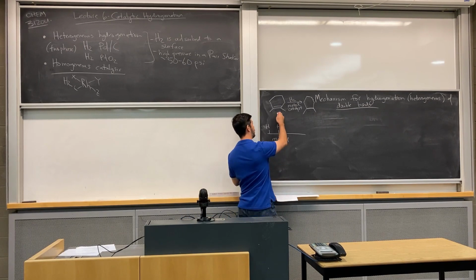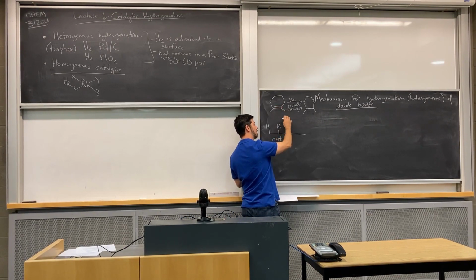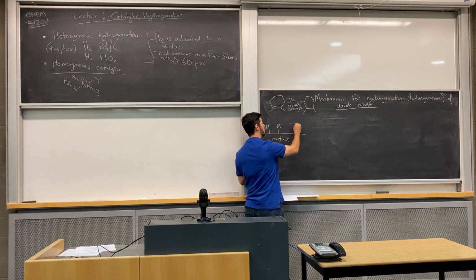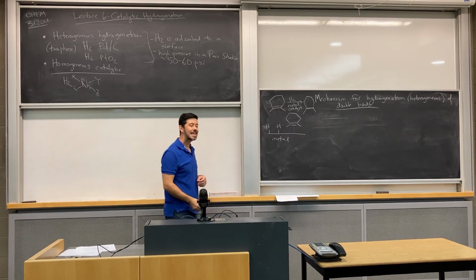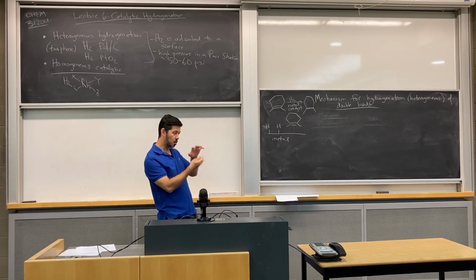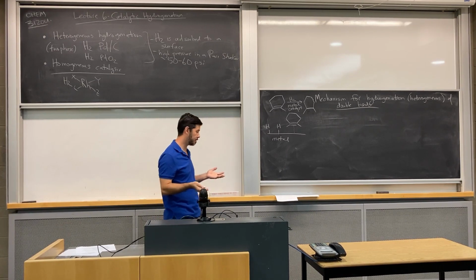So if we take our molecule here and imagine it floats and comes close to the metal, there's going to be some type of weak interaction as it gets closer and closer to that metal surface.